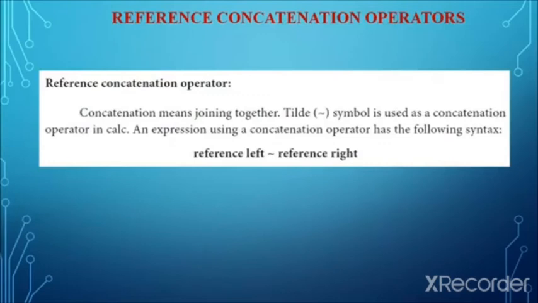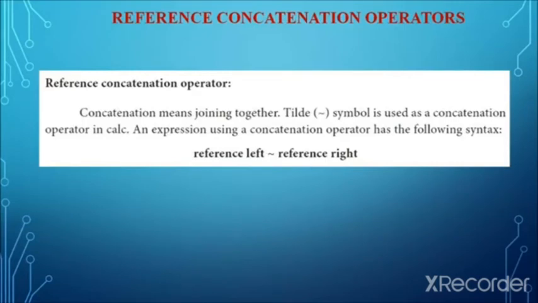And next one is the reference concatenation operator. Concatenation means joining. For this we use the tilde symbol. The tilde symbol is used as the reference concatenation operator. Here the same: reference left, tilde symbol, reference right.